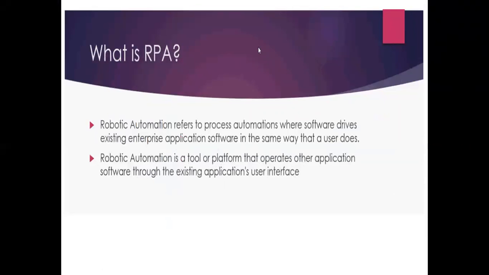Your client might be using a SAP application, Oracle applications, Microsoft products or IBM products. Whatever application your client is using, we are here to automate that application, and our RPA tools will behave like a human and mimic all human actions. That's called RPA as per the book definition.